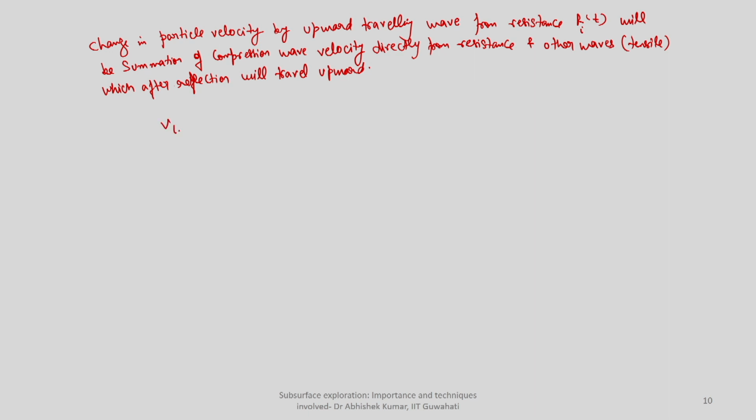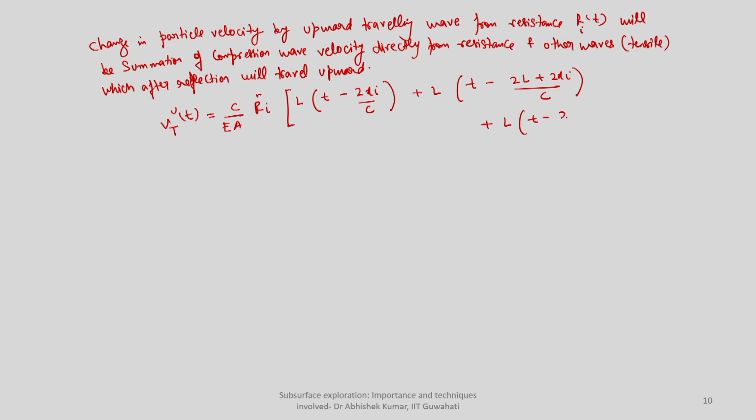So, this component which is called as Vt u, t is given as C over Ea Ri, L t minus twice x I over C, plus L t minus twice L plus twice x I over C, plus L t minus, twice L, it should be 4L, plus twice x I over C, plus so on, which is not considered because it will be the third reflection and too weak.